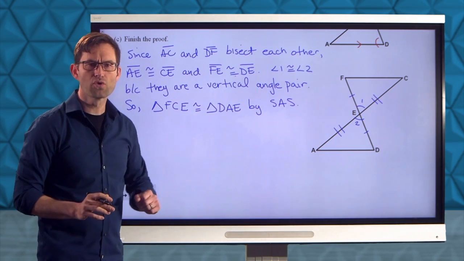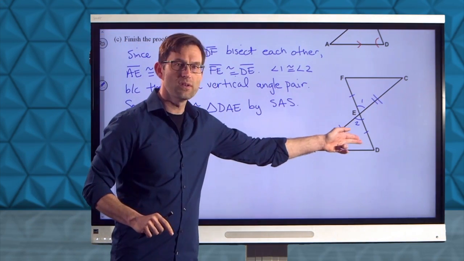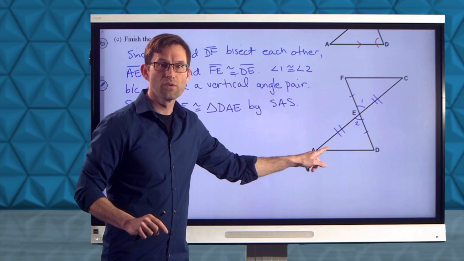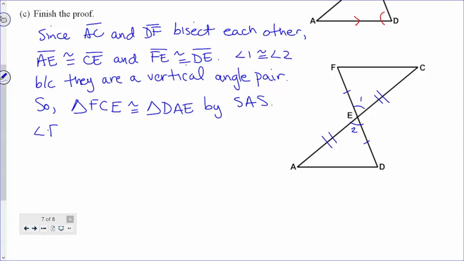All right, now I know those two triangles are identical. Now take your pick. Either F is congruent to D or C is congruent to A. It doesn't matter. I'm going to stick with the F and the D. Angle F is congruent to angle D by CPCTC.